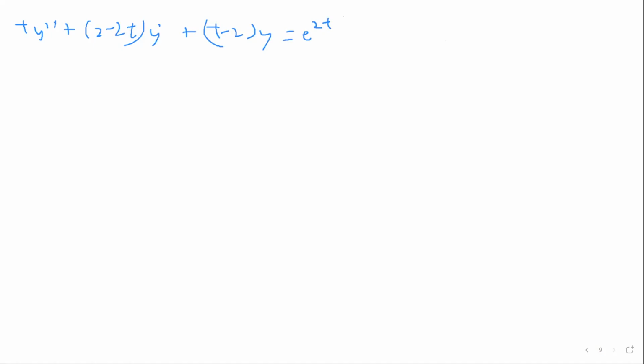Okay. Give it to your team. In order to write it in standard form, we divide everything by t. So this is y double prime plus 2 over t minus 2 y prime plus 1 minus 2 over t y equals e to the 2t over t.